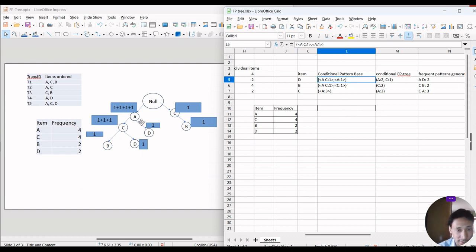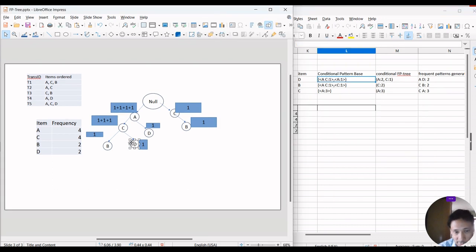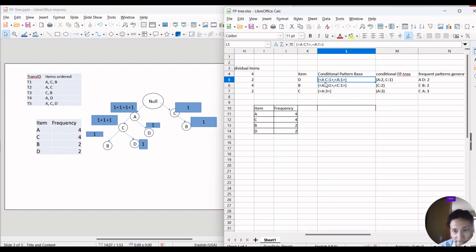Here in the tree we can reach D via A. The count of D is 1 here, so we'll write A 1 here. You can see we can reach D from this path also. The beginning nodes are A and C, the count of D is 1 here, so we will write AC 1 in the conditional pattern.